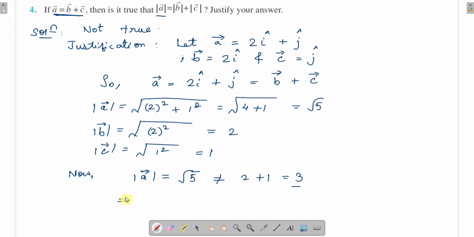So this implies magnitude of a bar is not equal to magnitude of b bar plus magnitude of c bar. Okay, now root 5, if you have some problem looking at root 5 not equal to 3, so let us calculate what is root 5.